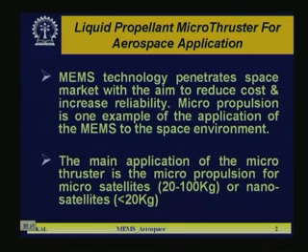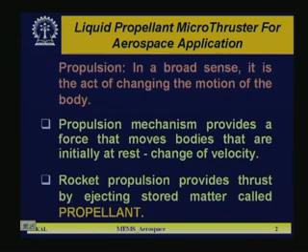The main application of the micro thruster is micro propulsion for microsatellites, whose weight is within 20 to 100 kg, and nanosatellites, whose complete weight is less than 20 kg. We will see today how those satellites can be positioned accurately in a particular orbit using a small size micro thruster.